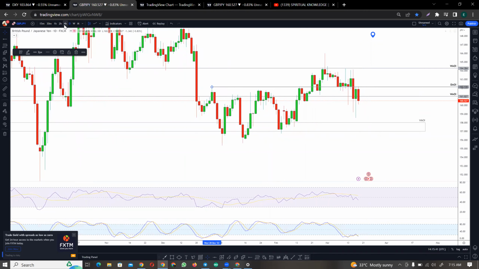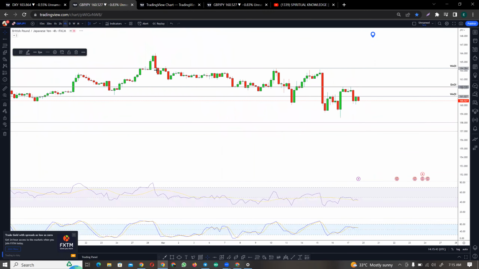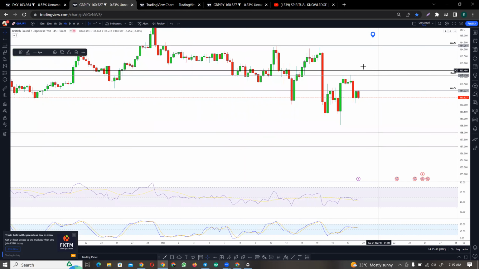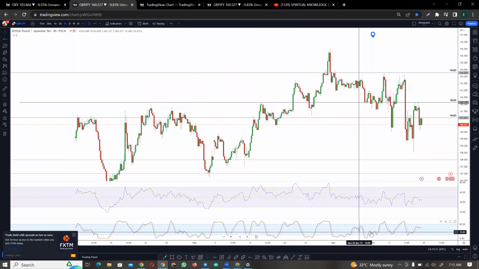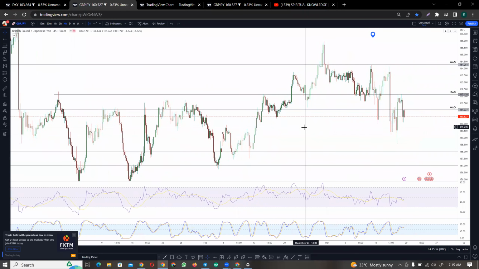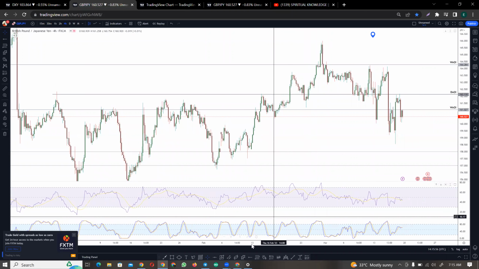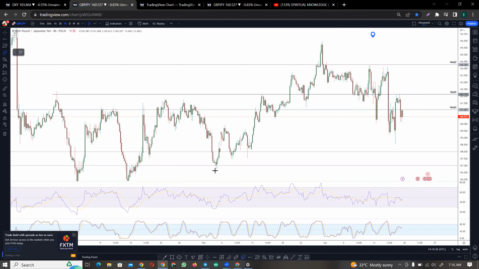So we go down to 4-hour time frame. Looking at 4-hour time frame, we have all these.